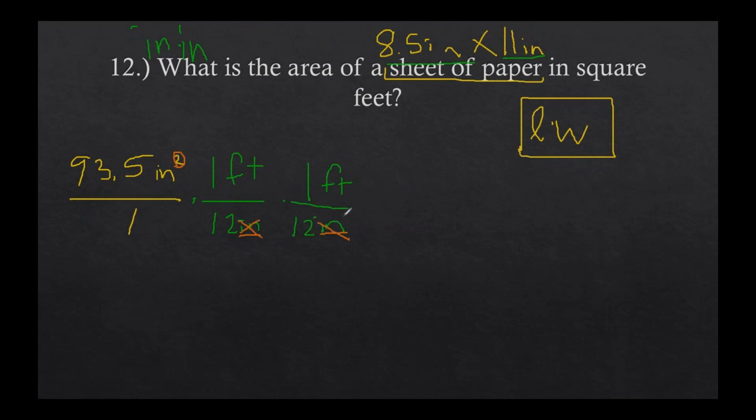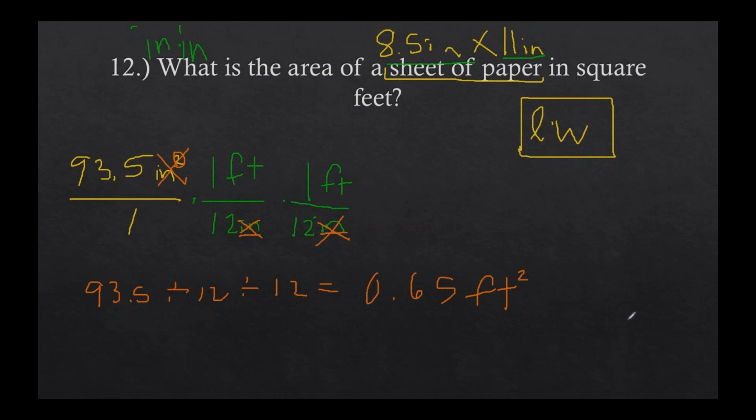So I take 93.5 divided by 12, divided by 12. I'm going to get a small number. So my answer would be 0.65 square feet.